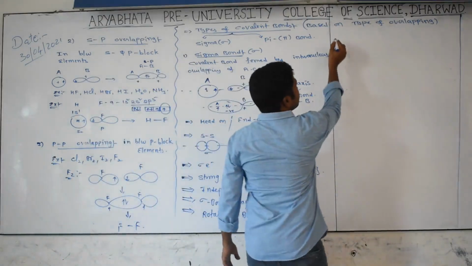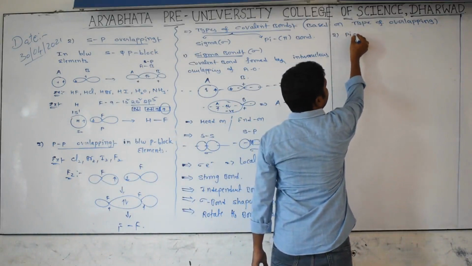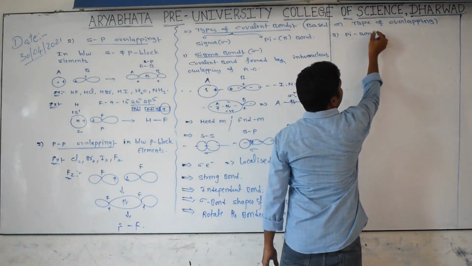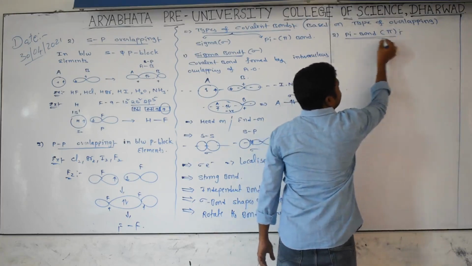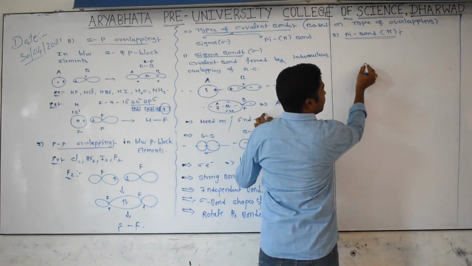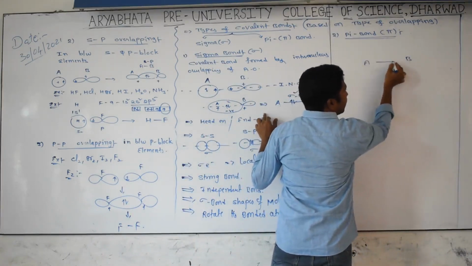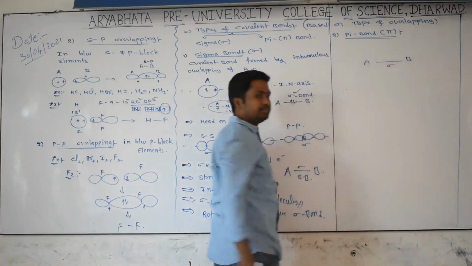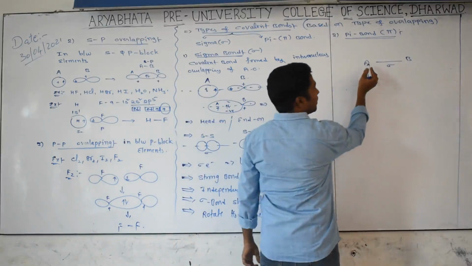Now we are discussing the second type of covalent bond, the pi bond. How do you define the pi bond? First of all, take two atoms, A and B, already connected together through a sigma bond.